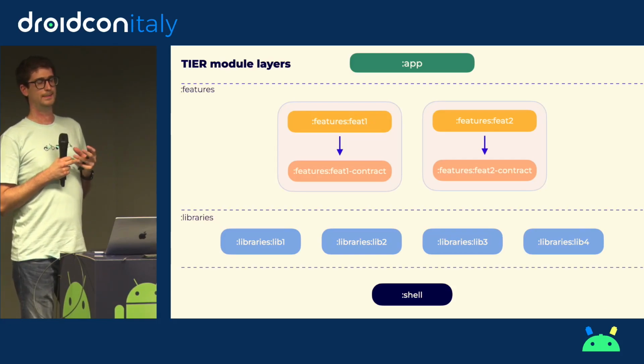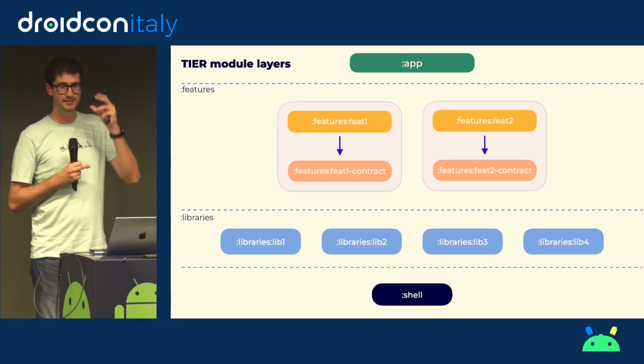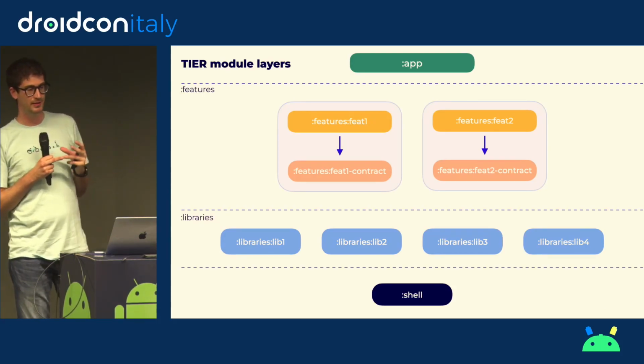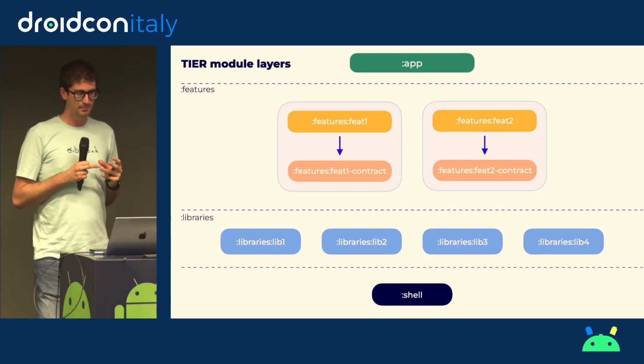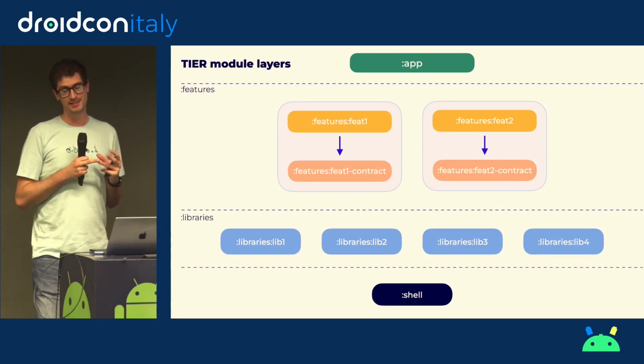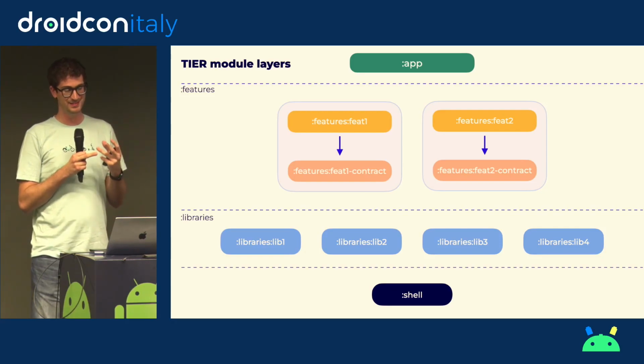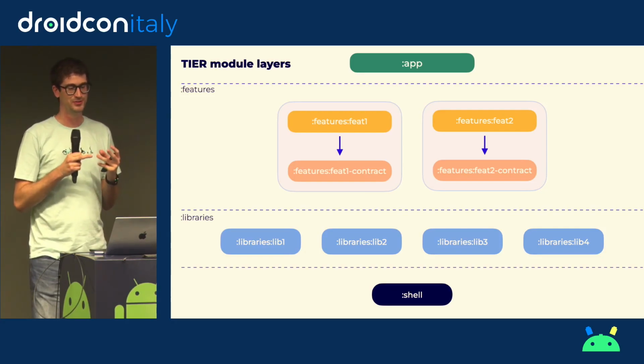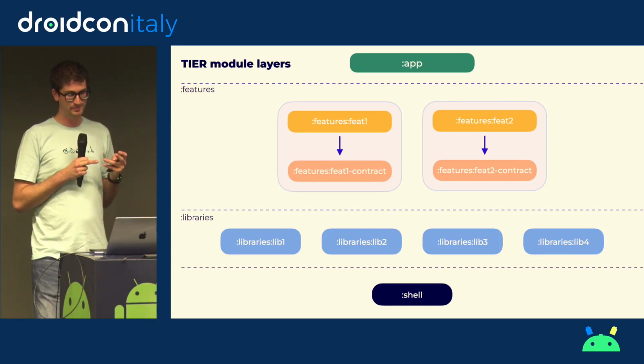Okay, so we covered the entire architecture graph, but this is an ideal situation, because this graph doesn't include the current code that is non-modularized.